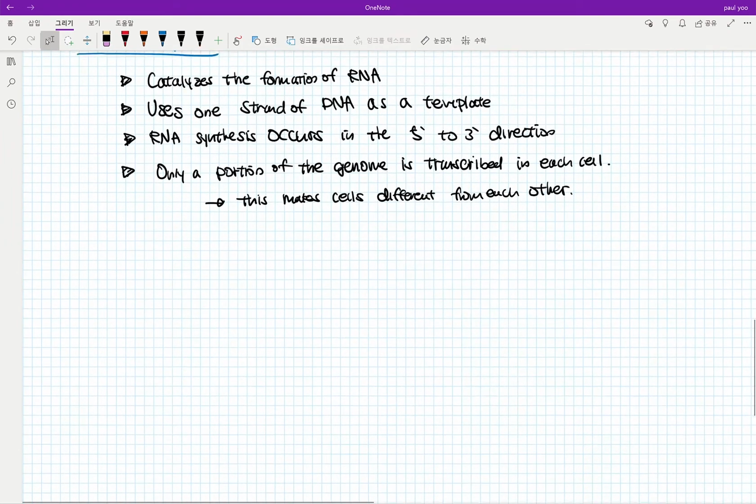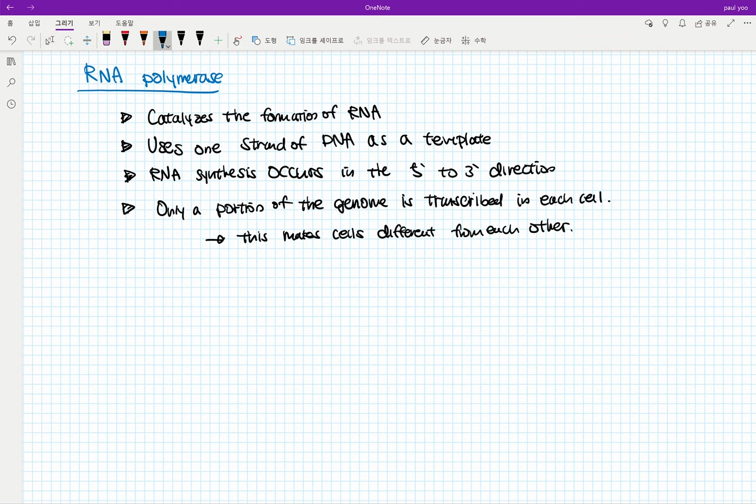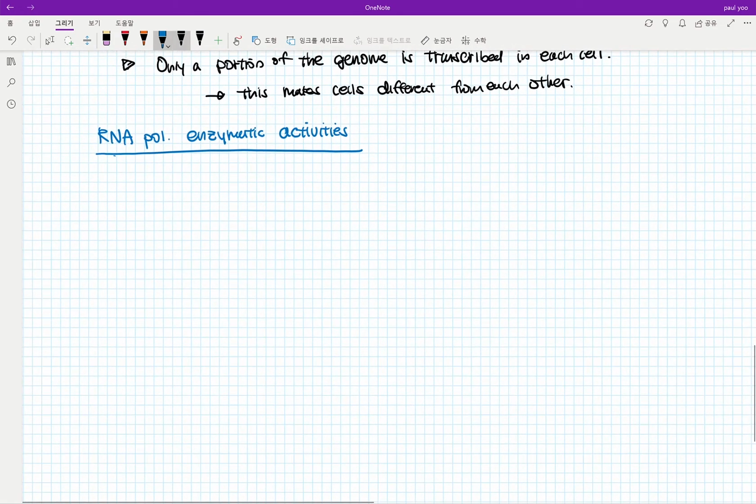Now then, let's talk about RNA polymerase enzymatic activities. It has a polymerase activity.